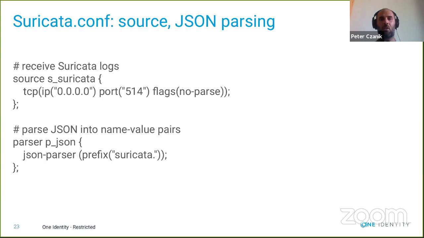So here we disable parsing, and at the bottom of the screen you can see another parser. It's a JSON parser, which is parsing the incoming JSON messages, creating name-value pairs from it, and all of them have the Suricata prefix.